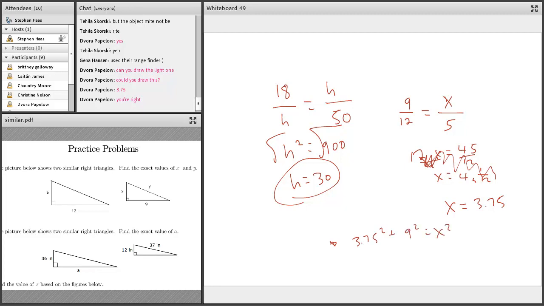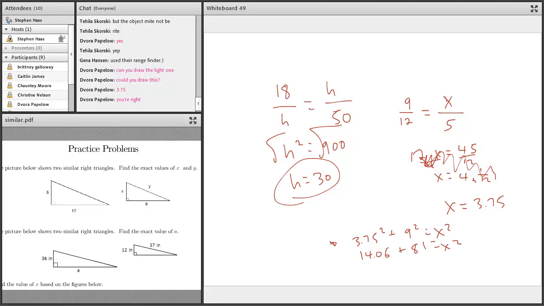Now 3.75 squared is 14.0625. We'll round it to 14.06. Plus 81 equals x squared.